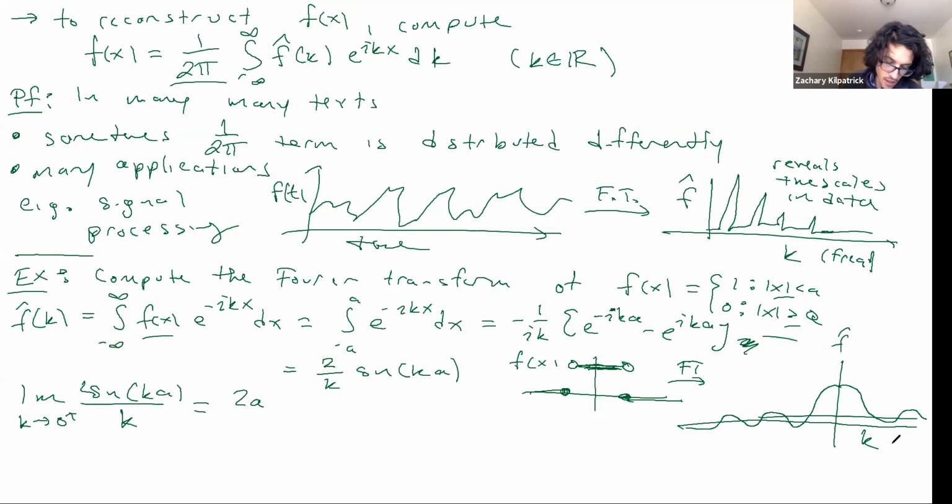Professor? Yes. What suddenly became easier by transforming this into the frequency space? I'm just demonstrating how to take a Fourier transform. We're not trying to do anything other than show how to compute a Fourier transform integral. Yeah, I was thinking of its application.